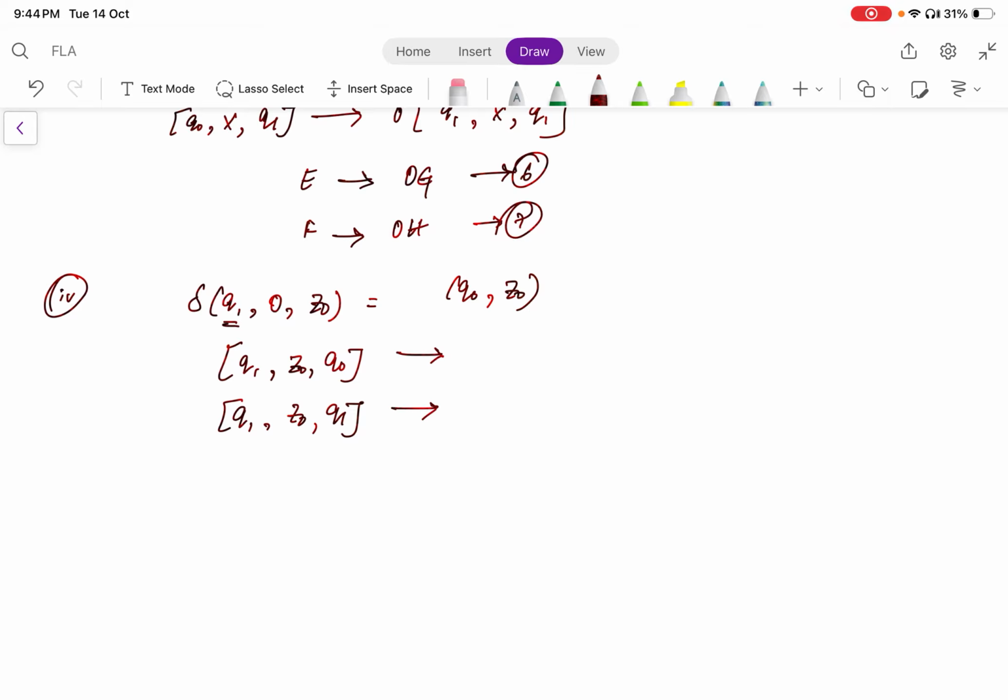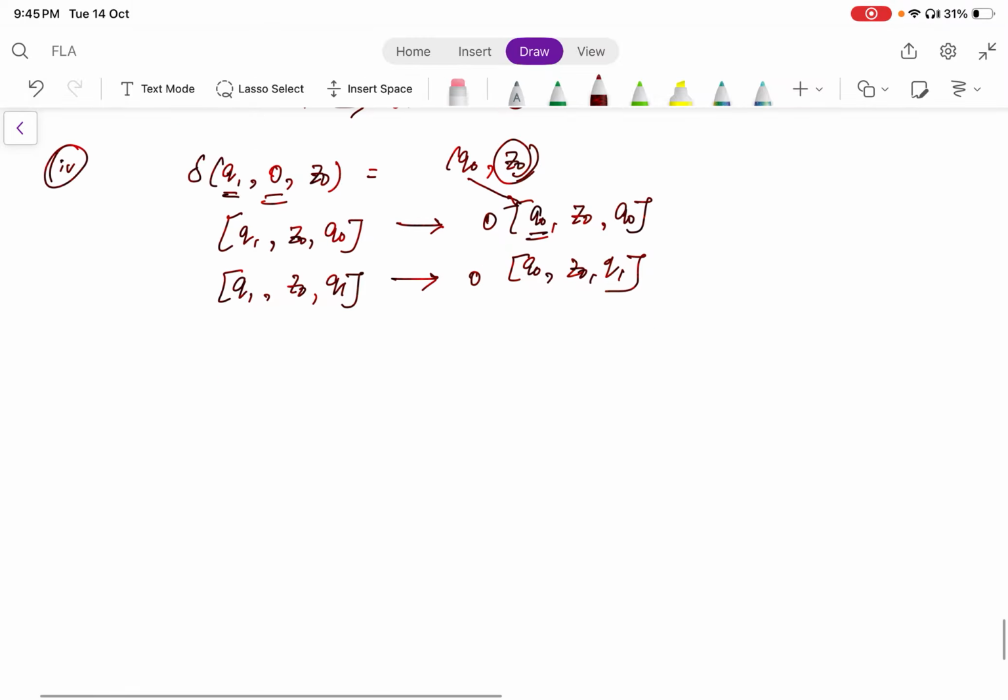Tends to, the input symbol is 0, only one tuple, because we have only one symbol. Q0, comma, Z0. Q0 is the given state on the right side. Q0, comma, stack symbol. You write Q0, Q1 alternatively.